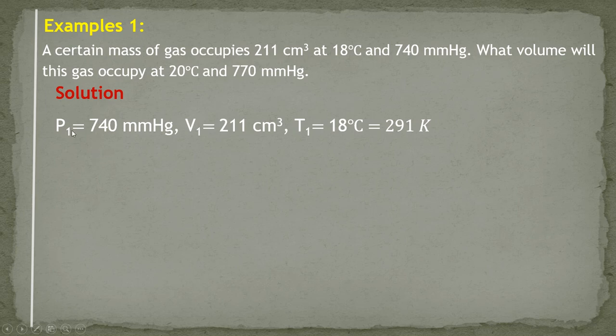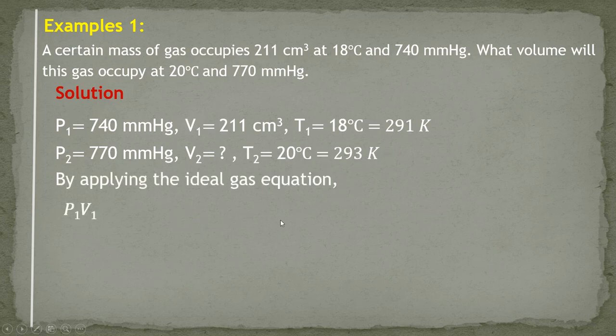From our solution, P1 is 740 millimeters of mercury, V1 is 211 centimeters cubed, and T1 is 18 degrees Celsius, which is 291 Kelvin, by adding 273 to 18. P2 is 770 millimeters of mercury. Volume 2 is what we want to get. Temperature 2 is 20 degrees Celsius, which is 293 Kelvin.